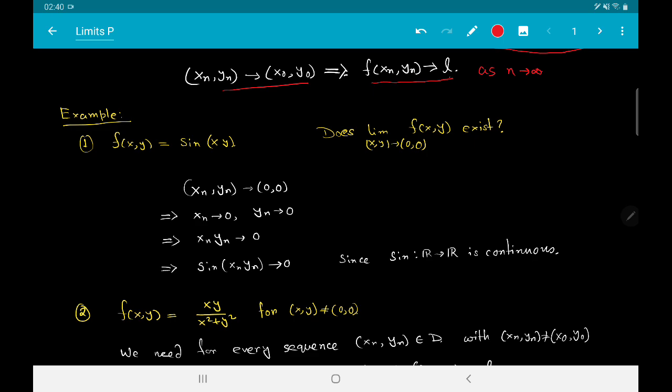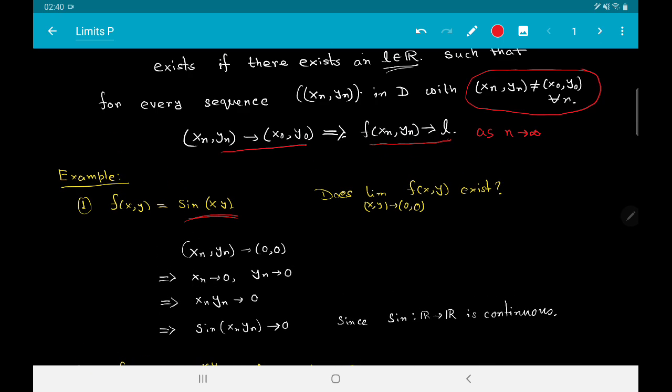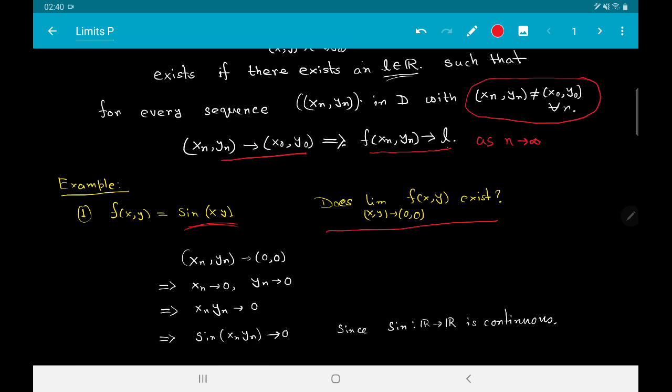First example is f(x, y) equal to sine of xy. The question is, does the limit as (x, y) tends to (0, 0) of f(x, y) exist? We have to choose a sequence (xn, yn) converging to (0, 0), with the condition that (xn, yn) is not equal to (0, 0) for all n.